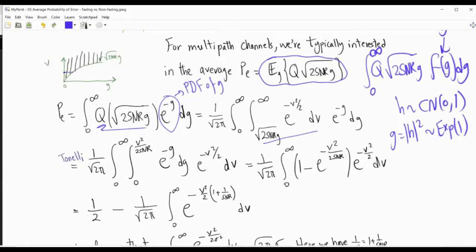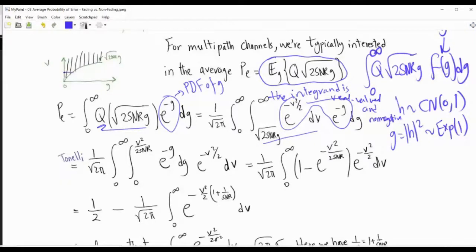Now the stuff we are integrating is non-negative, right? So here, the integrand is real valued and non-negative. And because it's real valued and non-negative, we can apply Tonelli and reverse the order of integration.